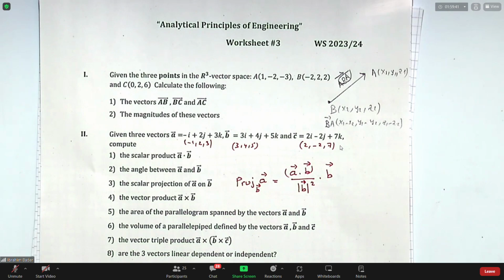Scalar product of A and B: -3 plus 8 plus 15, that's 20, right?